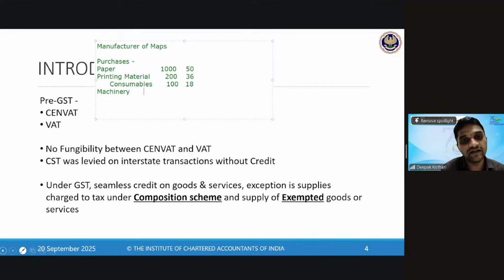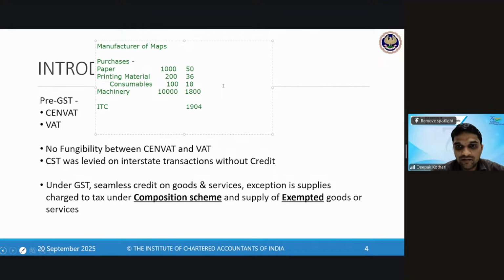Machinery, say he has bought at a higher value because machinery will not be as cheap as paper: 10,000 rupees, on that credit of 1,800. So total ITC is how much? 50 plus 36 plus 18 plus 1,800, which is 1,904. So this is the credit which is available, right? 1,904 is the tax he has paid.